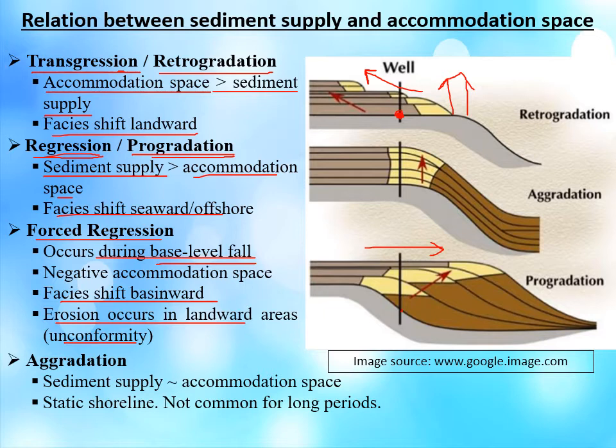And the last one is aggradation, where the rate of sedimentation is almost equivalent to the rate of creation of accommodation space. That is an almost static shoreline condition. Here you can see that the point suffers almost the same water depth condition through time. So the same facies will occur one after another, above the previous deposition.